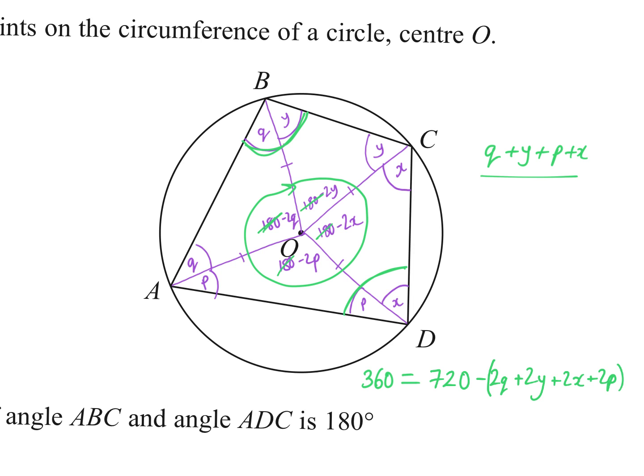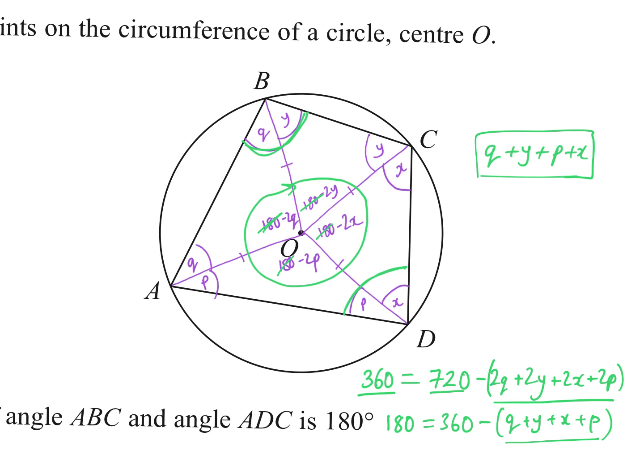Now, let's think very carefully. This is a multiple of 2, this is a multiple of 2, and each of these parts are multiples of 2, so we can halve both sides. And I hope you can see by just looking now that q plus y plus p plus x must be equal to 180.